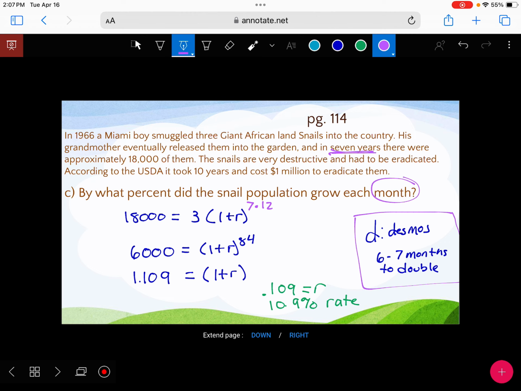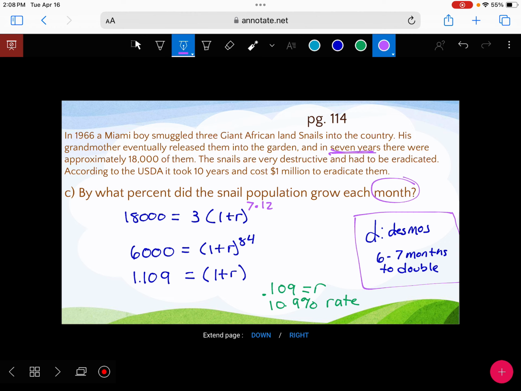So the last sentence where they're talking about the USDA and the 10 years and 100 million, if you really want to look at it, that's question E. That's looking at an exponential growth versus an exponential decay. It's really complicated, and it's not the vibe we're going for right now. That would be more of a pre-cal question, honestly, the way that they worded it. Just saying. So I encourage you to look at E and think about it.